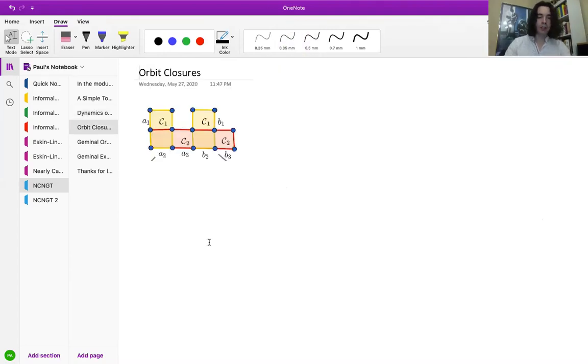So now I want to partially answer the question that I posed in question 3, and I want to discuss a little bit about the structure of these orbit closures of the GL2R action on the moduli space of translation surfaces.